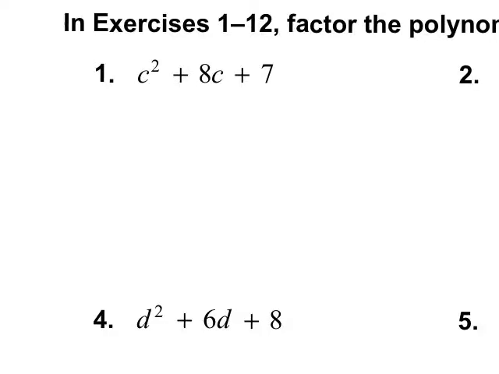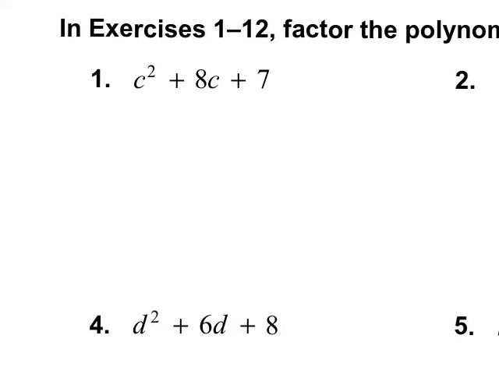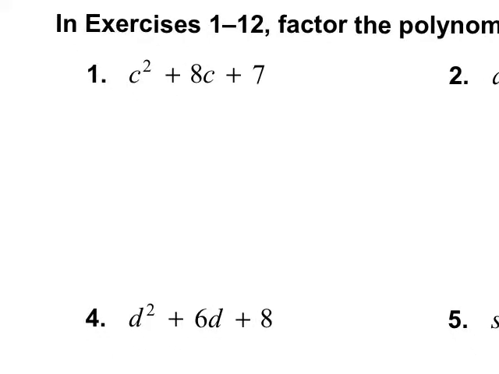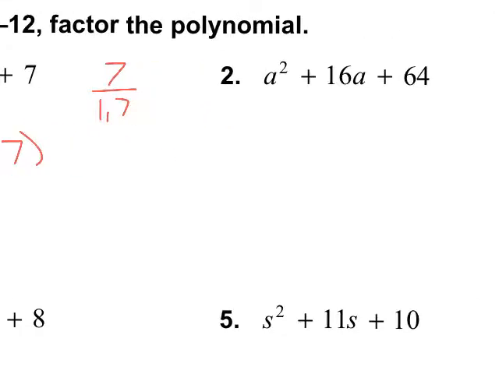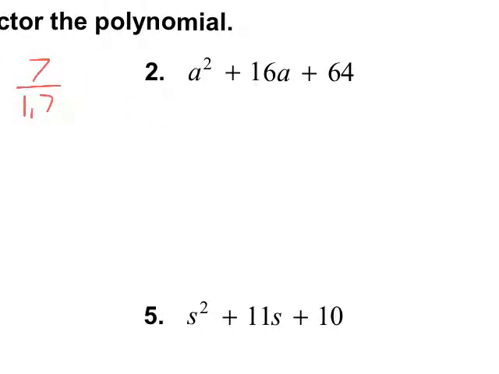So factors of 7. Oops, let me pull out my pen. The factors that add to 8 would be 1 and 7. So I have C plus 1, C plus 7. Number 2. Factors of 64 that add to 16 would be 8 and 8.